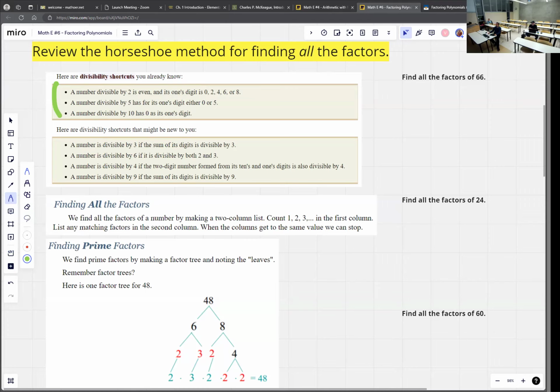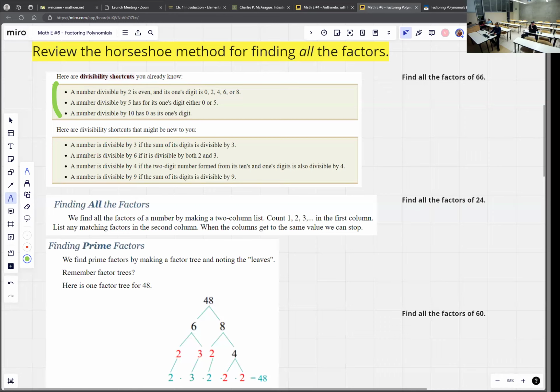Somebody somewhere in your life has taught you that a number is divisible by 2, which we also call even, if its ones digit, the smallest digit, the ones place value place, is 0, 2, 4, 6, or 8. And maybe they said a number is divisible by 5, it's a counting by 5 number, if it ends in 0 or 5, the ones digit is 0 or 5. And it's divisible by 10 if it ends in 0.